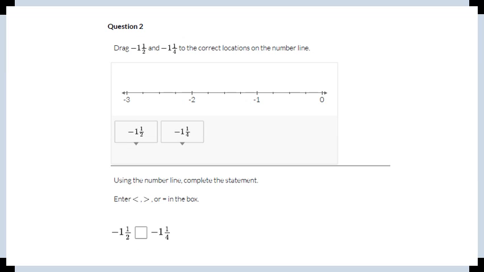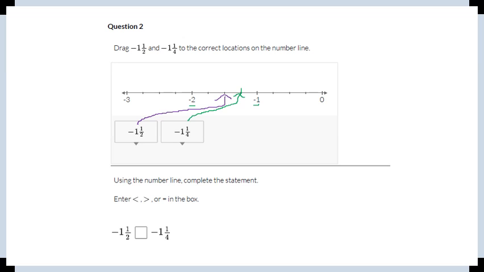Okay, let's look at this one. Negative 1 1/2 and negative 1 1/4. Well, here's negative 1. Here's negative 2. So I've got negative 1 1/4 is here. And then negative 1 1/2 is here.